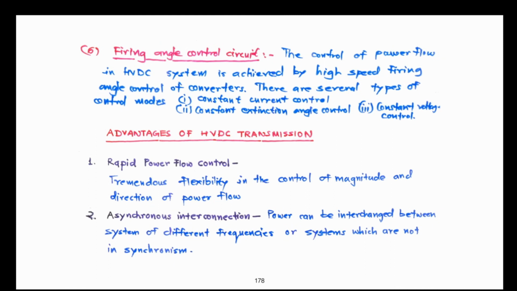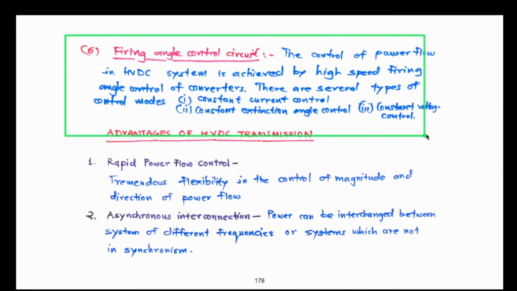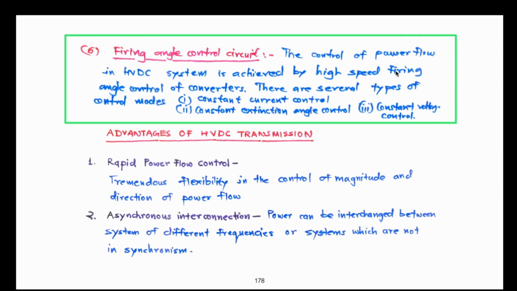Next we come to the firing angle control circuit. It works on different strategies: constant current control, constant extinction angle control, constant voltage control. All these control strategies we are going to study in detail in unit number 4 at a later stage.